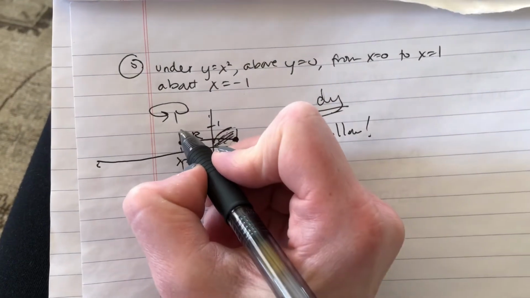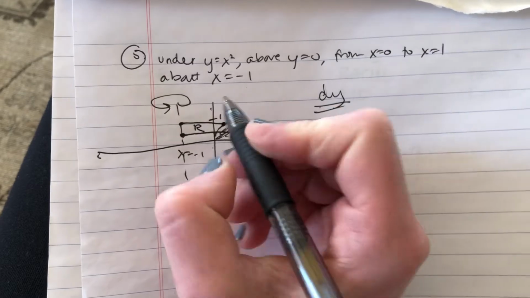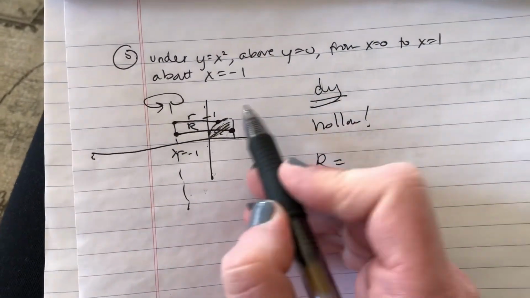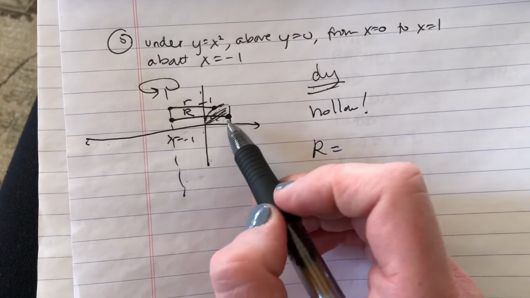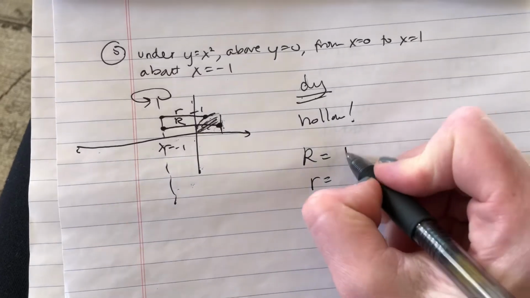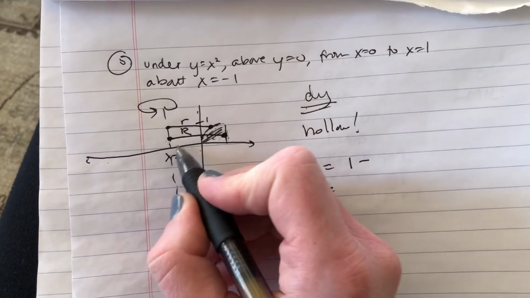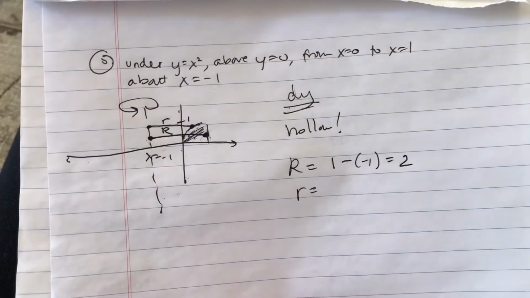And then little r, I'm going to draw from the axis of revolution to the inner curve on the original region, and that's little r. All right, and then you either do top minus bottom or right minus left. So in this case, it's going to be right minus left. So on the right, it's touching x equals 1. And then on the left, it's touching the axis of revolution, which is -1. So I have 1 minus -1, or 2.